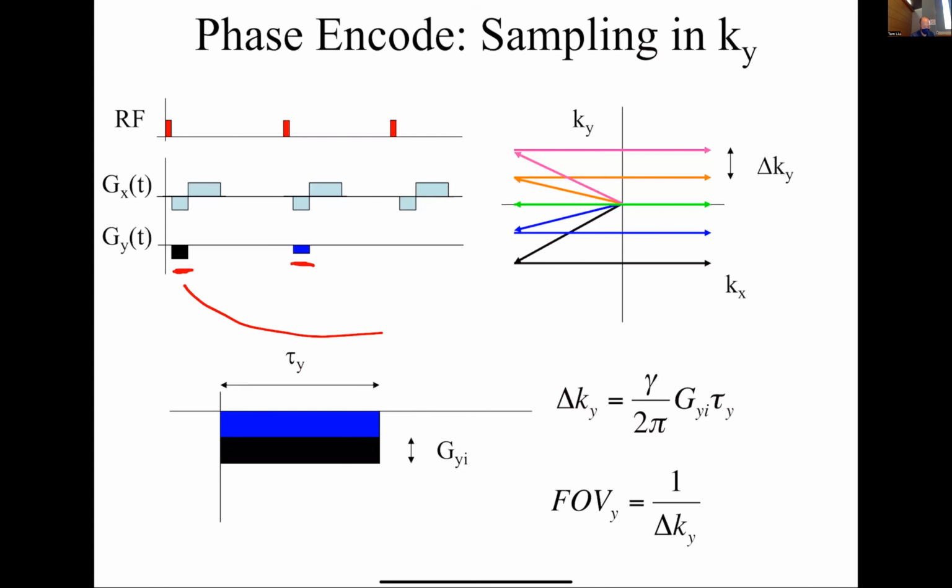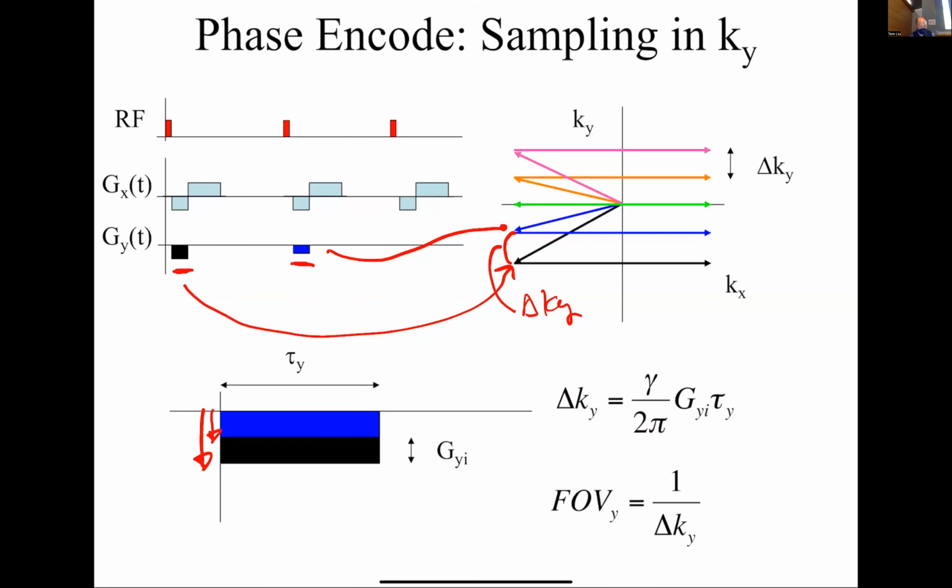Here where we had the black, it takes me here, and here it takes me here. This difference is my delta ky. It's really the difference in the area between these two: my black has this amplitude and my blue has this amplitude. That's the difference in how far I went out.